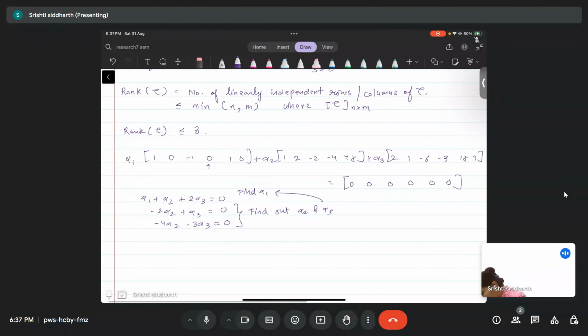Now, if alpha 1, alpha 2 and alpha 3 are 0, then the 3 rows are linearly independent. Then the rank of C is also 3 and the system A, B is controllable.